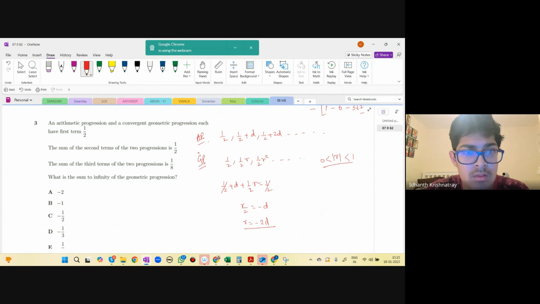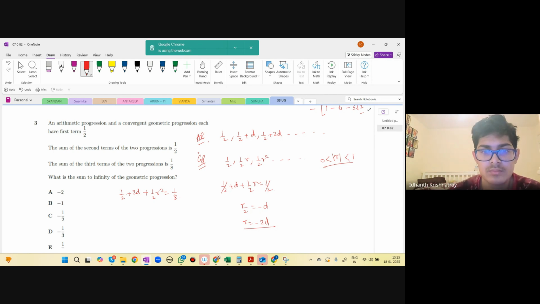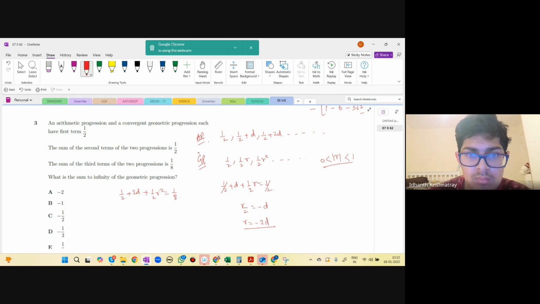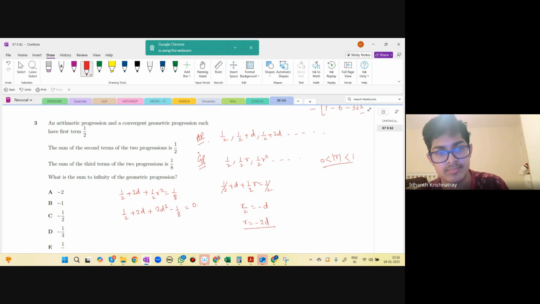Sum of the third terms is 1 by 8. What are the third terms? Half plus 2D plus half R square is 1 by 8. Now what is R? R is minus 2D. So R square will be 4D square. So half plus 2D plus half into 4D square, that means 2D square, minus 1 by 8 equal to 0.